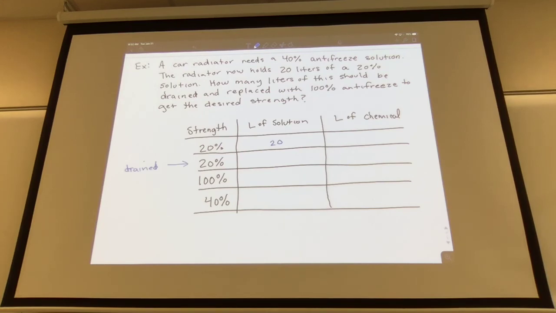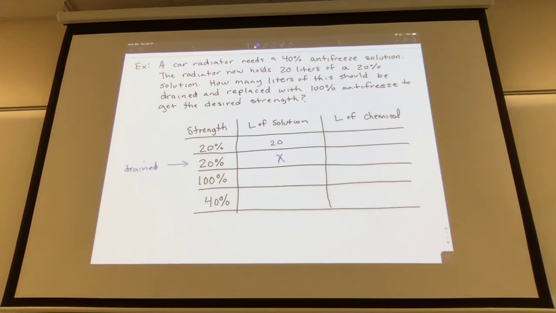So it's still talking about the 20%, but one's drained and one's just the given. So 20 liters of a 20%, but it says how many liters of this should be drained and replaced. We don't know this, but we know that's what they're asking us about.